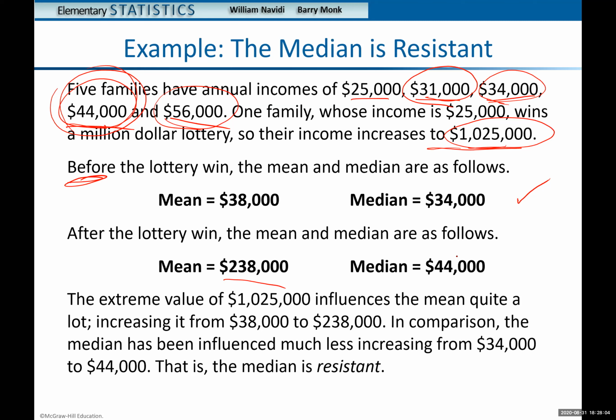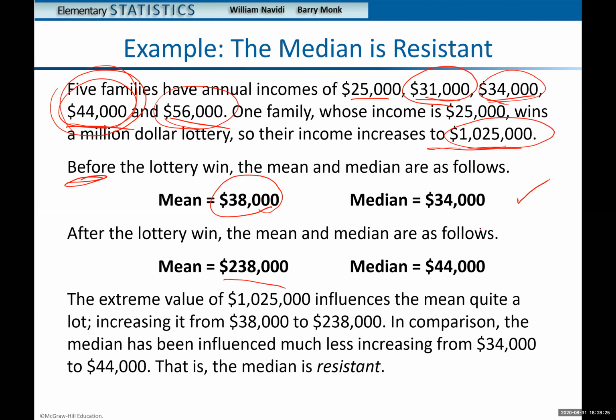So as you can see here, the extreme value of 1,025,000 influences the mean quite a lot, increasing it from 38,000 before the lottery win to 238,000 after.